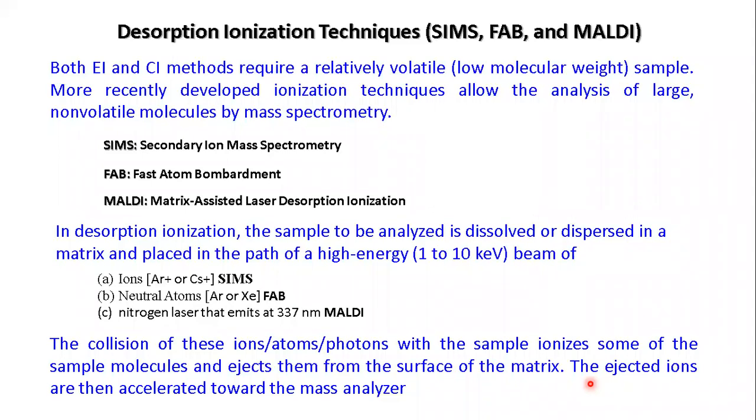The ejected ions are then accelerated towards the mass analyzer. You have a similar system again: when the ions are generated, they are directed to the mass analyzer, with the repeller plate and accelerating plates helping the movement to the analyzer.